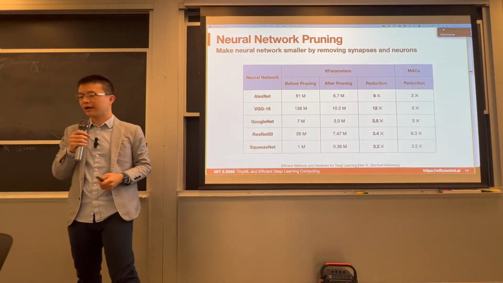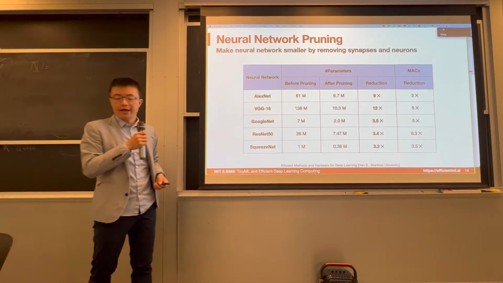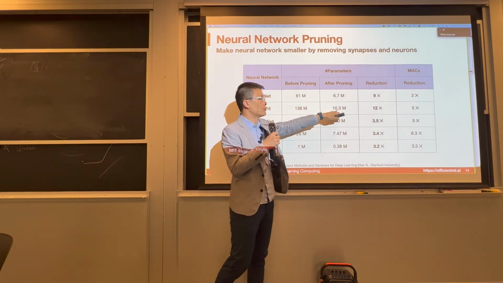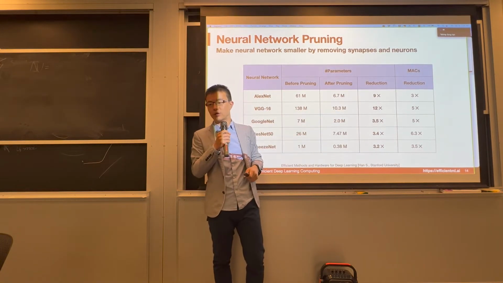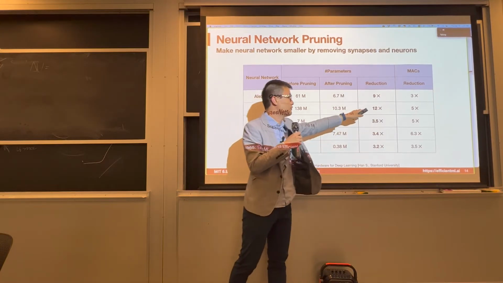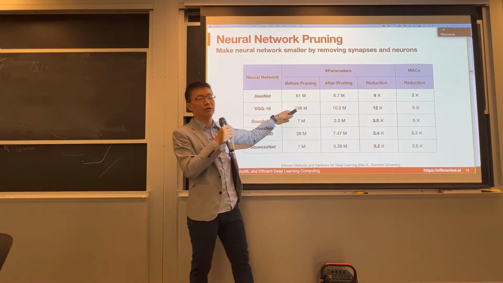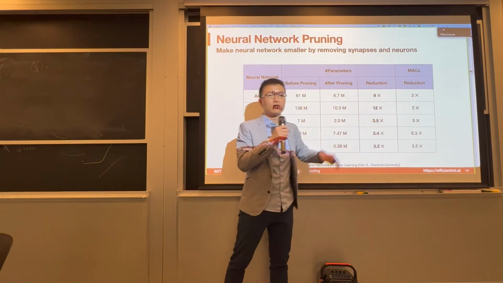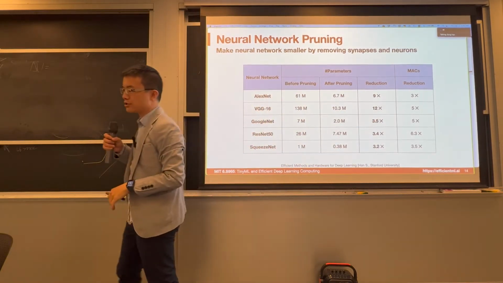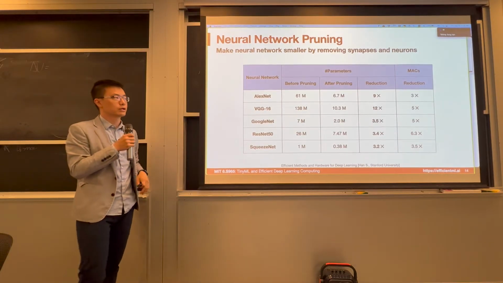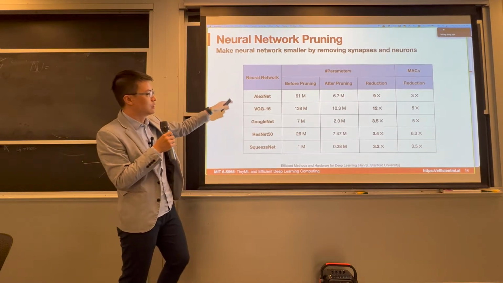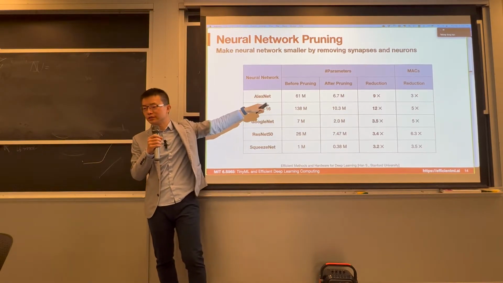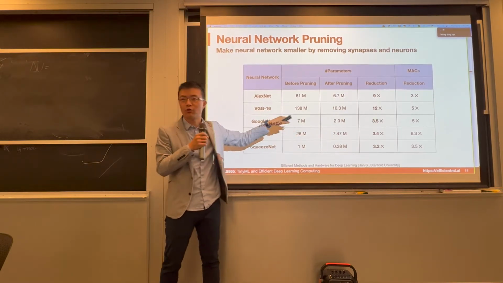And for the VGG, after compression it is roughly 10 million parameters, 12x reduction. This model originally is much larger, so you can imagine it also has a larger compression ratio compared with AlexNet. GoogleNet appeared after these models and is initially more compact.